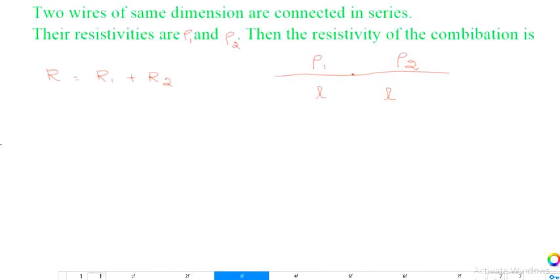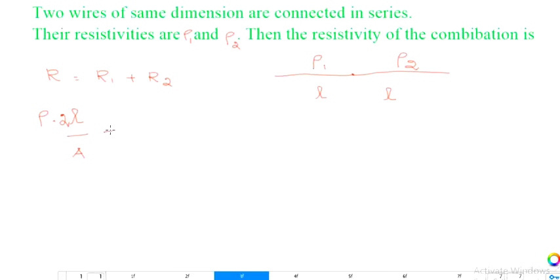Therefore, the equivalent resistance is rho into L divided by the area of cross section. Let us take rho as the equivalent specific resistance, and here the length will be 2L. The area of cross section is the same.